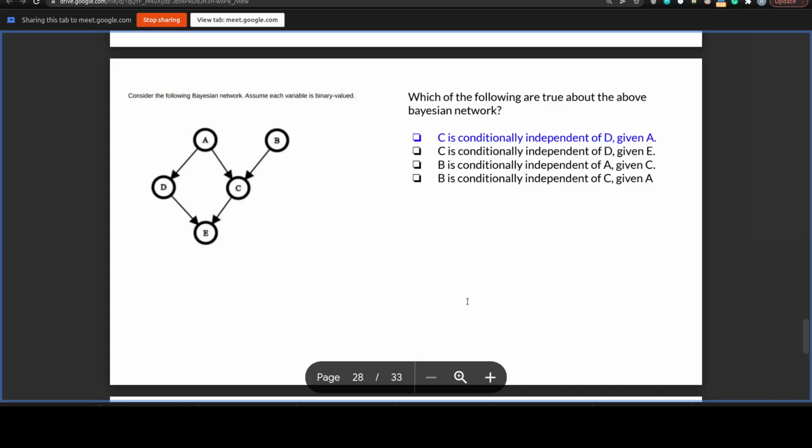Let's say I want to check the conditional independence of A, B given C. For conditional independence, this should be equal to P of A given C multiplied by P of B given C, right? These are the important things. This is how you should decompose it. Okay, now coming back to the question.